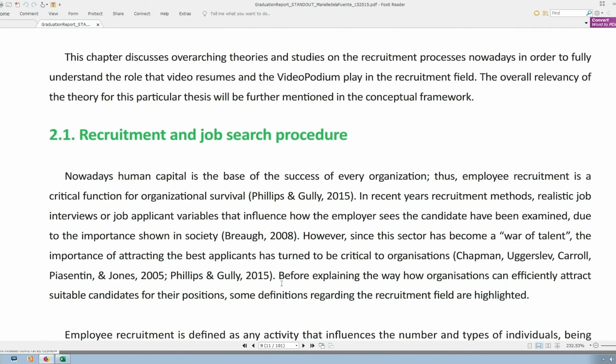The next chapter is about the theoretical framework. So she starts with a general introduction, of course, in the theoretical framework, and she starts with recruitment and job search procedure. She uses sources, of course.